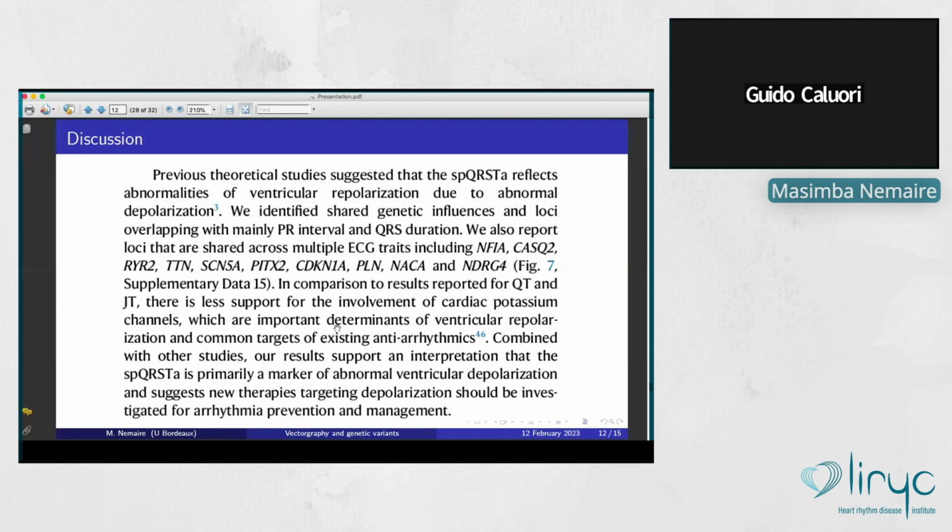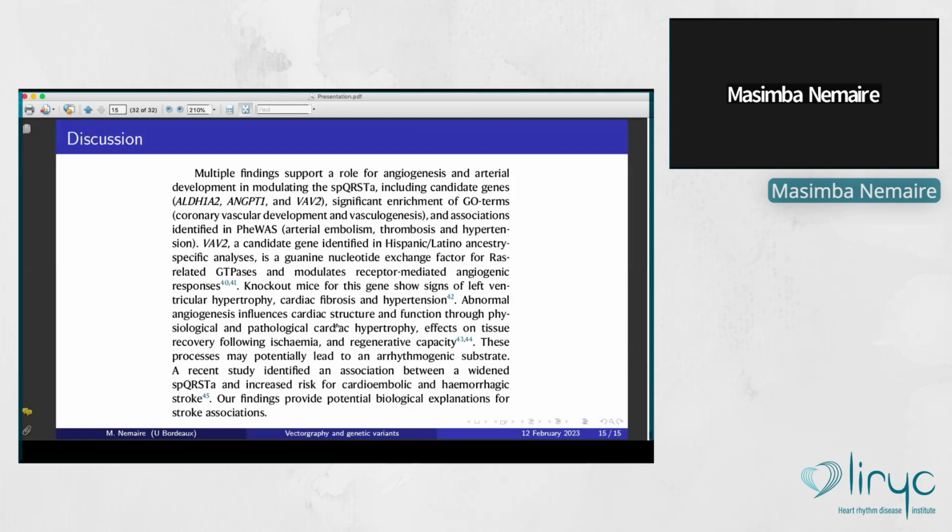So maybe if somebody that works on sudden cardiac death has a more pertinent question on this, please go ahead, because, as you know, I work mostly on supraventricular arrhythmias. Yeah, well, we don't know anything, so we are just throwing spaghetti at the wall and seeing what sticks. So yeah, there's no harm in trying.